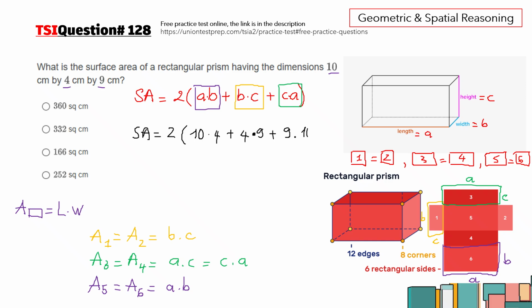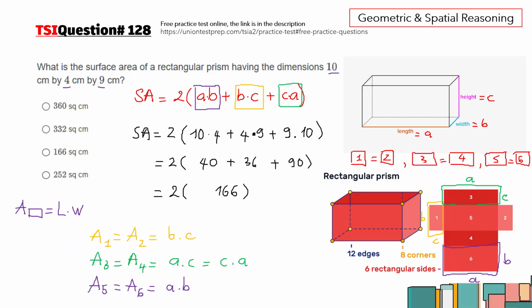Now I can simplify inside first. 10 times 4 is 40, add 4 times 9 is 36, then add 90. Now 90 add 40 is 130, and then add 36 is 166.